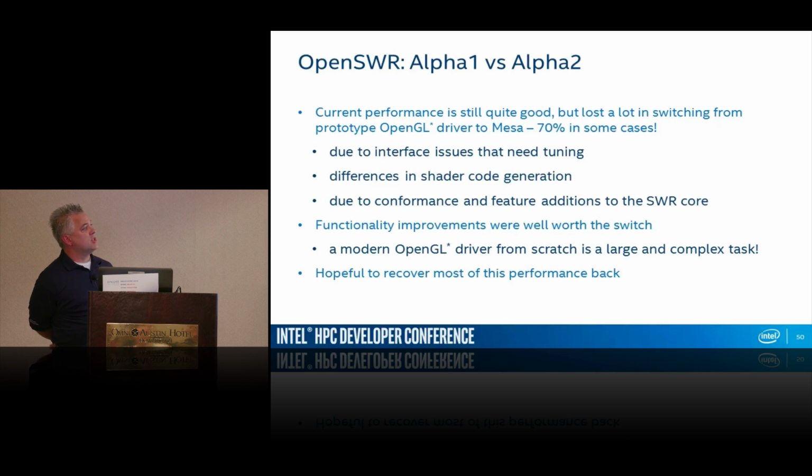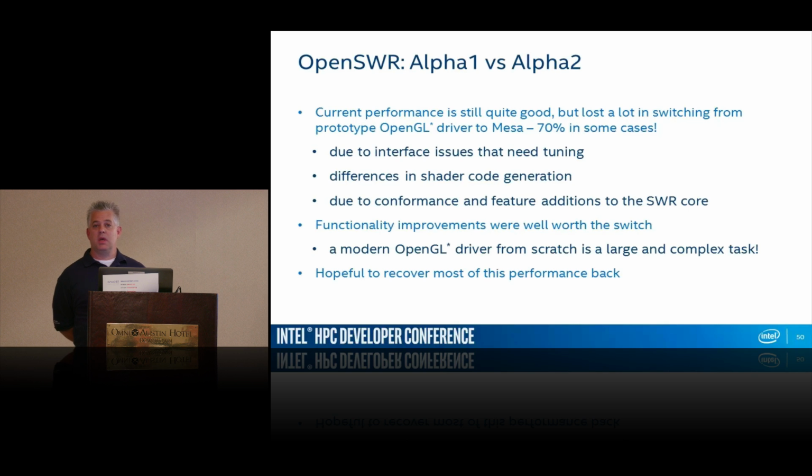Another is differences in shader code generation. As I mentioned in the Alpha 1 release, we used shaders under the covers, but we didn't expose those out to the application. By doing that, we were able to hand code and tune those for the fixed function pipeline that we supported, so they were very well-tuned shaders.